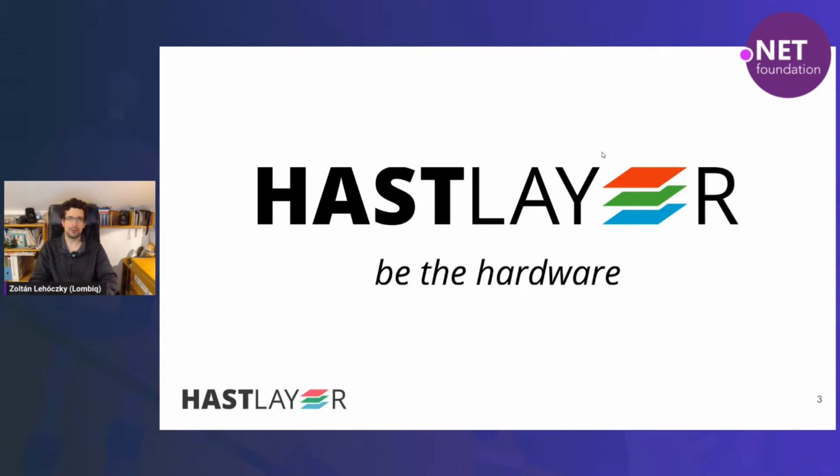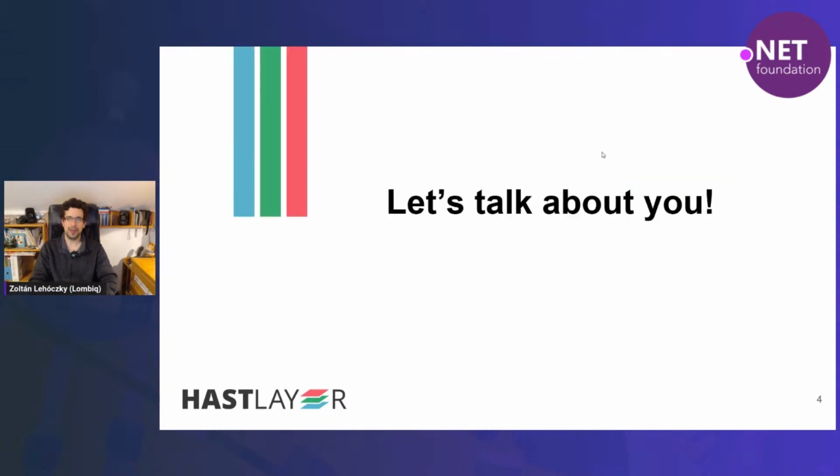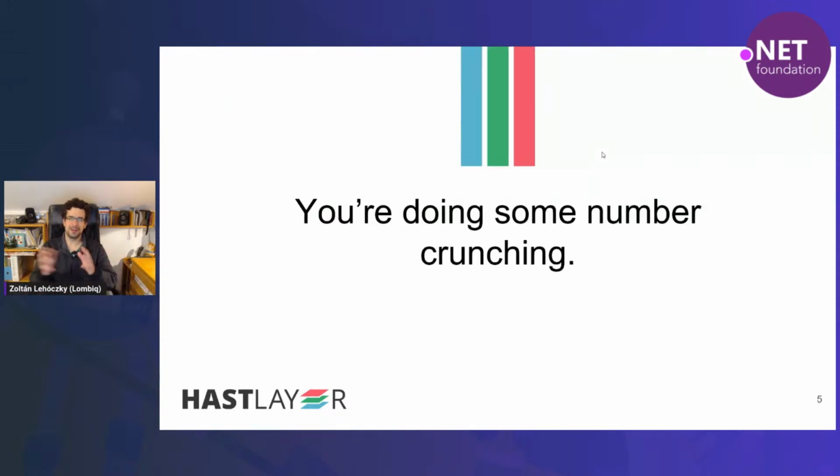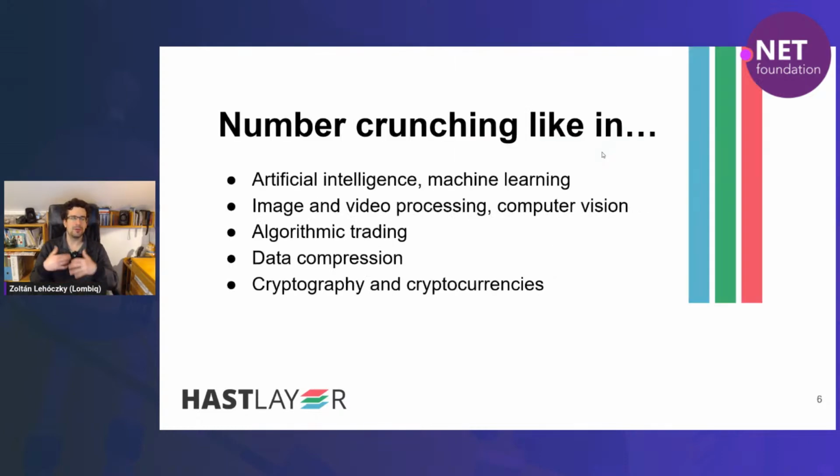But before going any further with Hastlayer itself, let's talk a little bit about you. Now, let's suppose that you are doing some number crunching. And by number crunching, I mean that you work on some kind of software that's in the field of AI, or more specifically machine learning, including large language models, which are quite fashionable today.